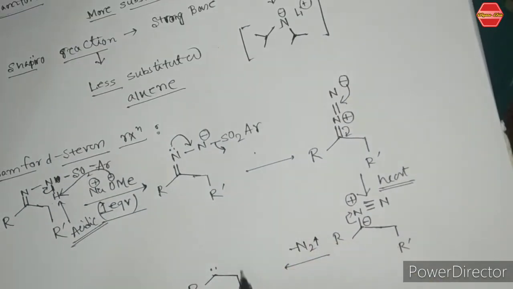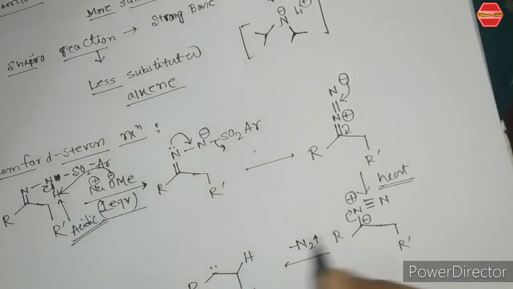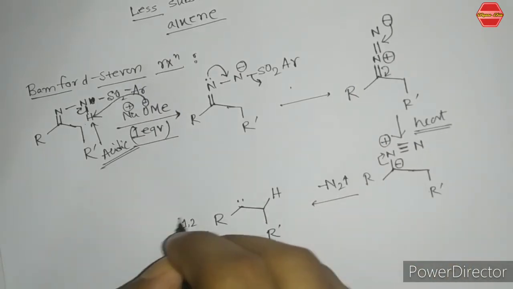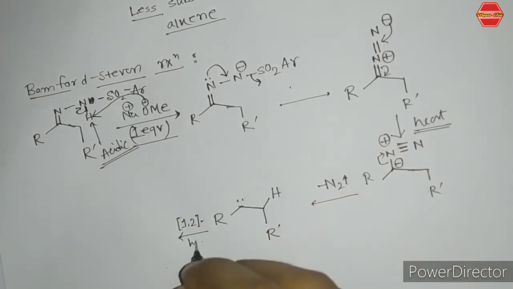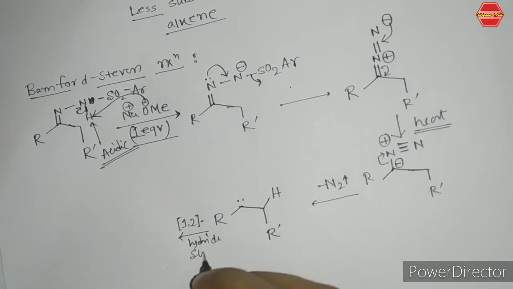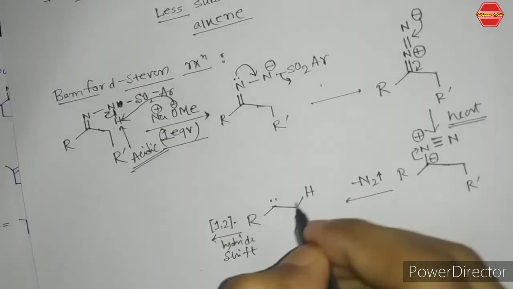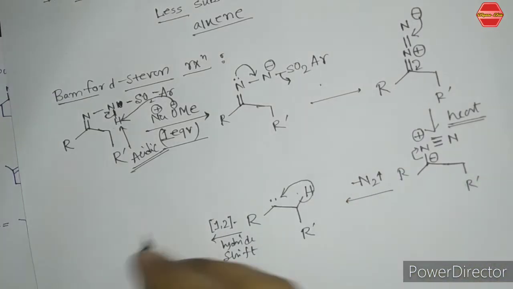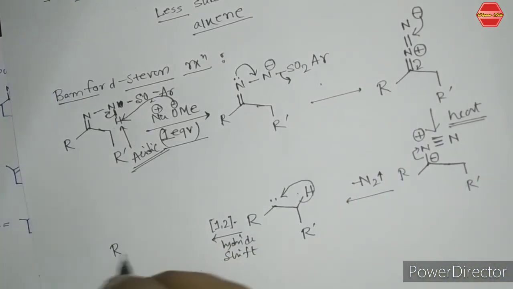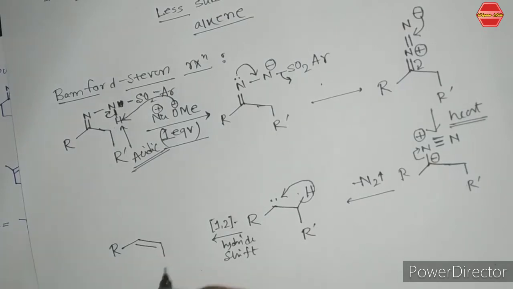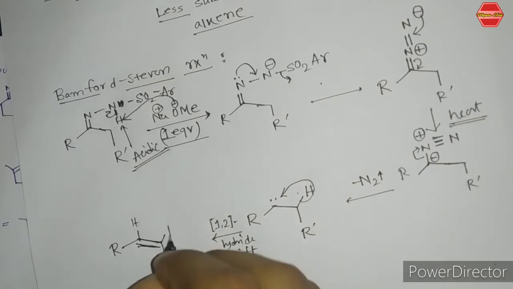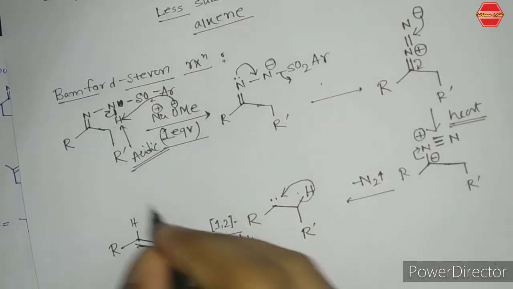So now, due to heat, there is a 1,2 shift, a 1,2 hydride shift, that occurs. And due to this hydride shift, there is formation of an alkene, and you can easily see here that this is a more substituted alkene.